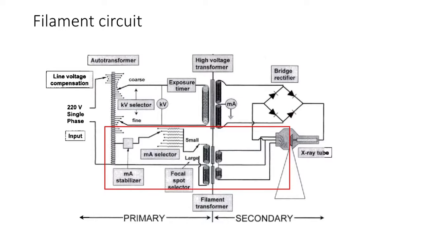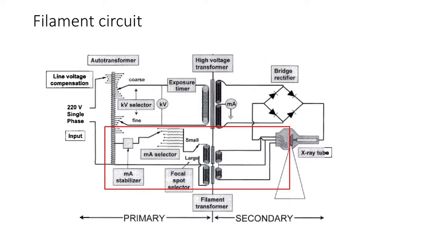And moreover, some other helpful additions are these measuring devices. This is a voltmeter. It is a way for us to check whether what we have selected here is truly what's going on in the actual circuit.